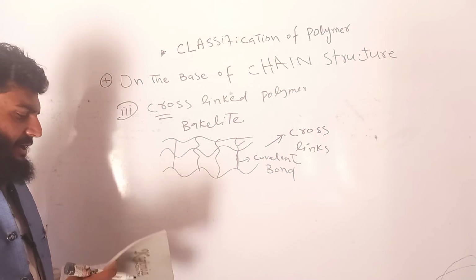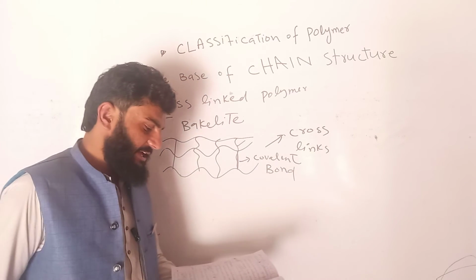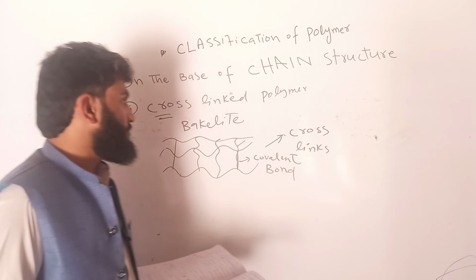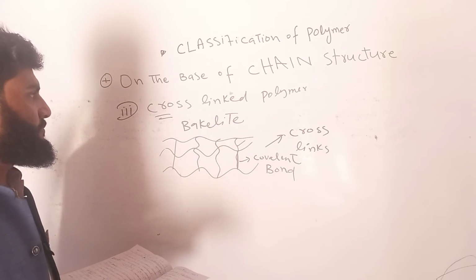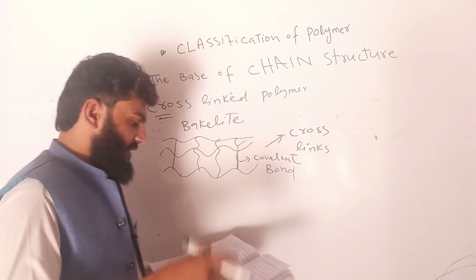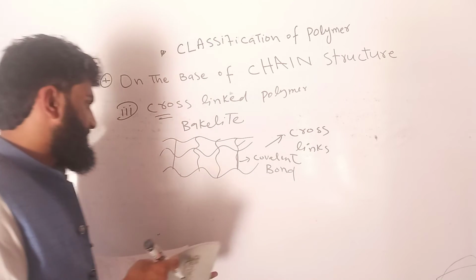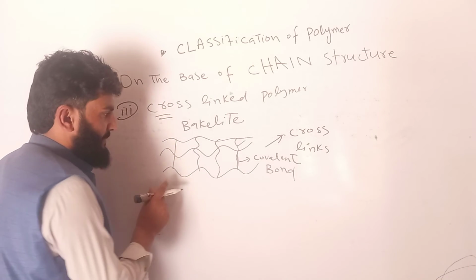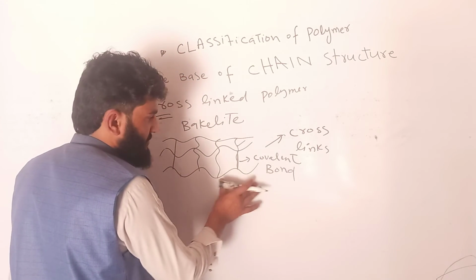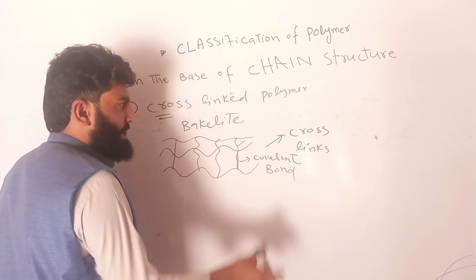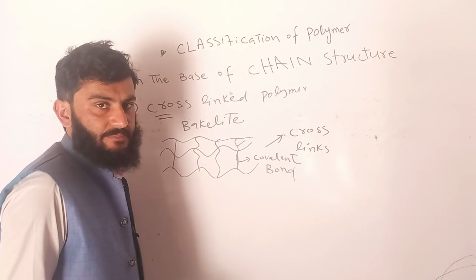They may be interpenetrating, as for example, this is one type, that is cross-linked polymer.